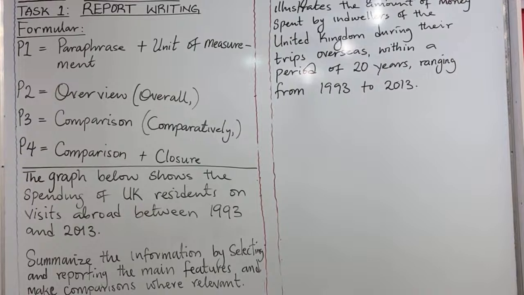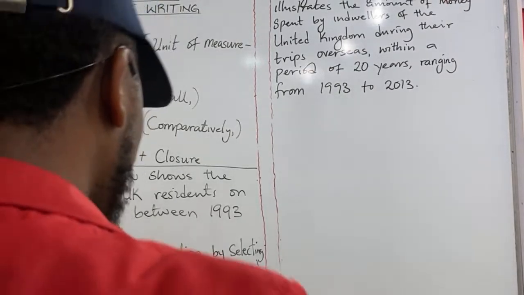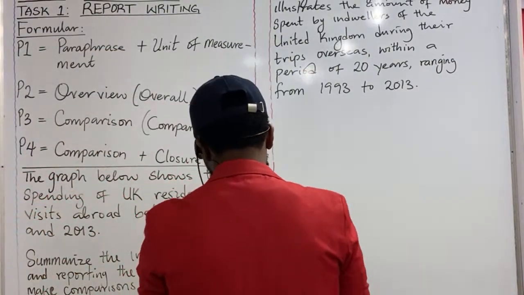So, according to the formula, after the paraphrase, what's the next thing you're supposed to do? Unit of measure. Unit of measurement is the next thing. Now, let me give you things that may constitute units of measurement on your question. What are the things that can constitute units of measurement?